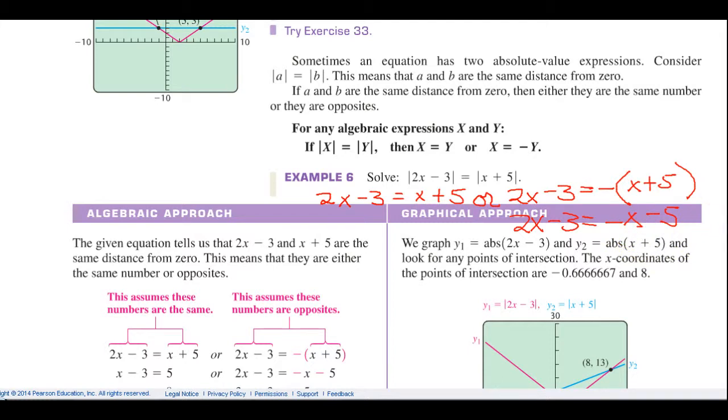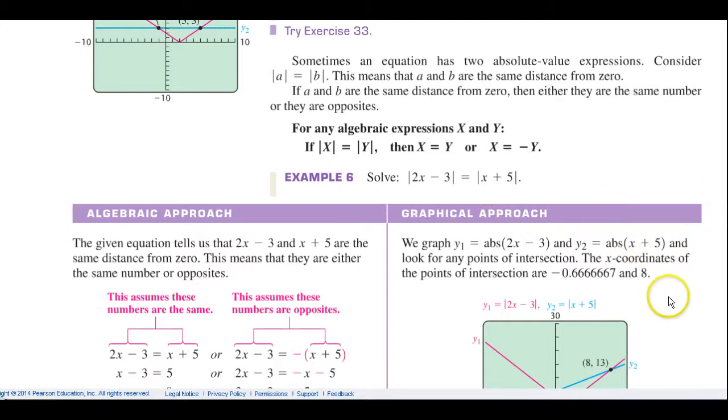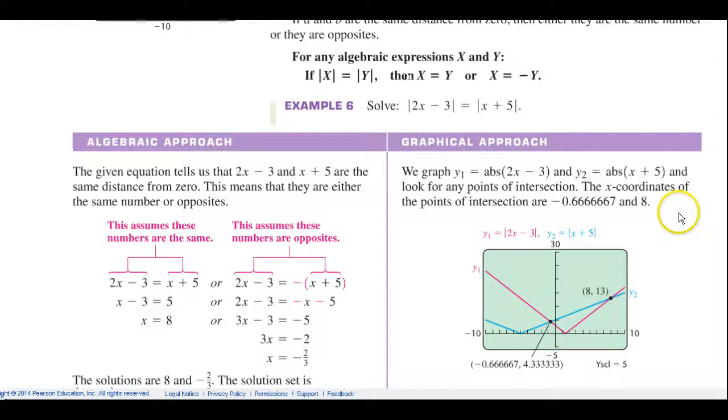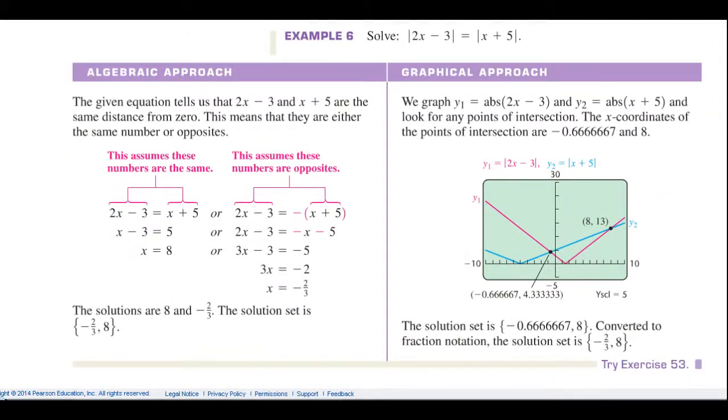So let's raise it up because it is worked out here. And they did it this time just removing the absolute signs, and we get x equals 8. Now here they had a negative sign in front of what was the absolute value.